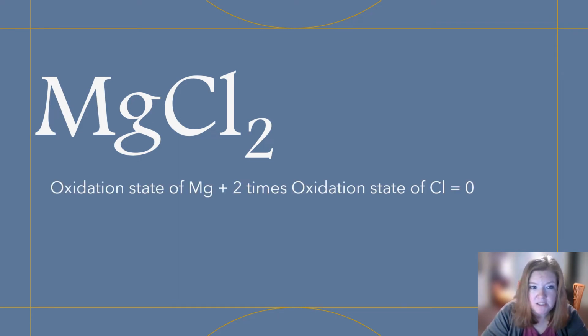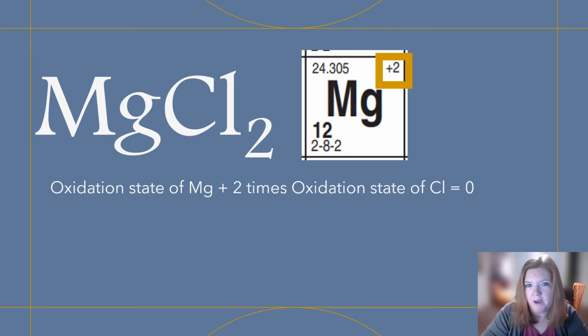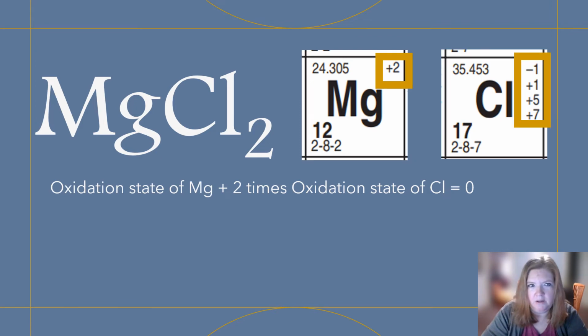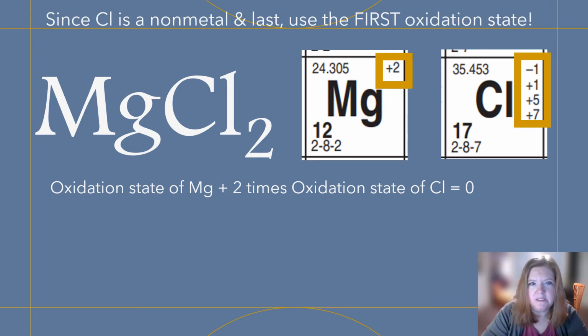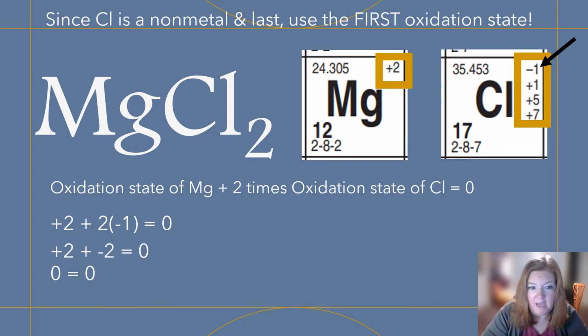So the oxidation state of magnesium plus 2 times the oxidation state of chlorine would be 0. Let's look them up. Since chlorine is a nonmetal and it's the last thing in the compound, we're going to use the first oxidation state. So I get plus 2 plus 2 times the negative 1 equals 0. Add those up. Yep, it is 0.